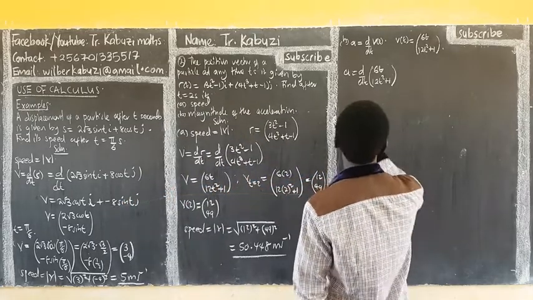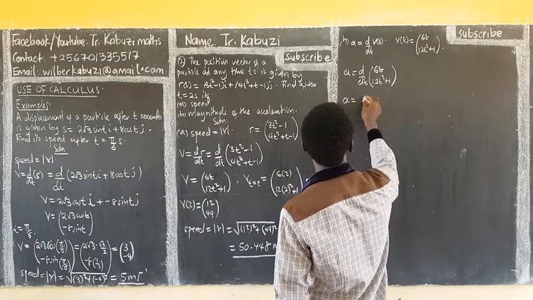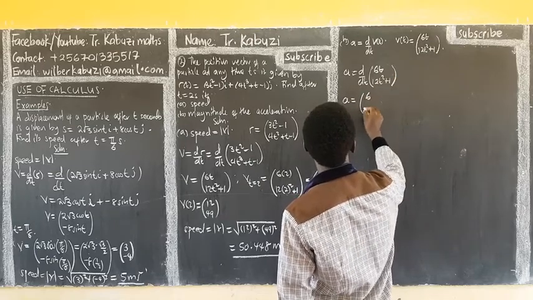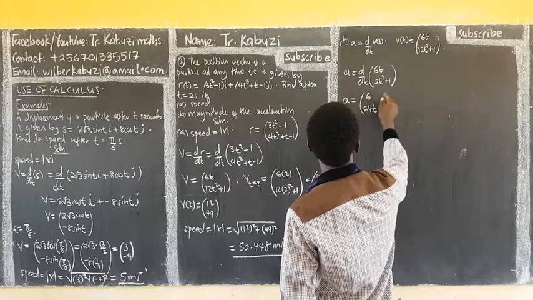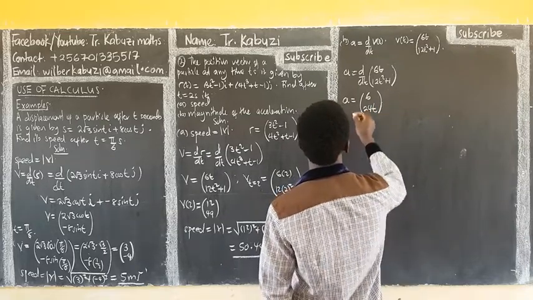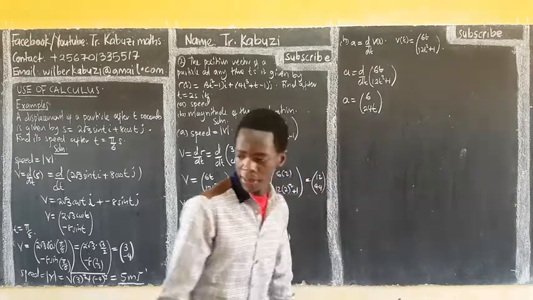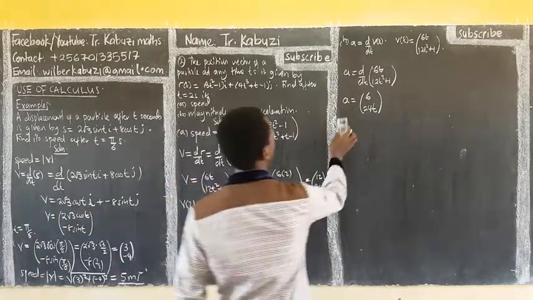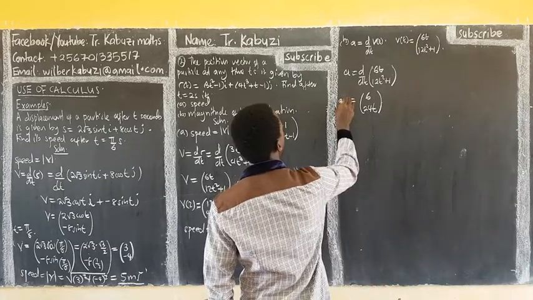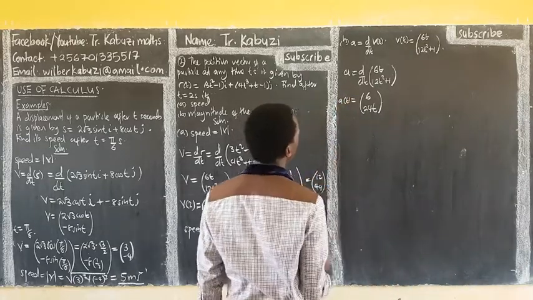When you differentiate, our acceleration is going to be: differentiating 6t, we get 6. When you differentiate 12t squared, we get 24t, and when you differentiate 1, we get 0. So this is our acceleration at any time t.